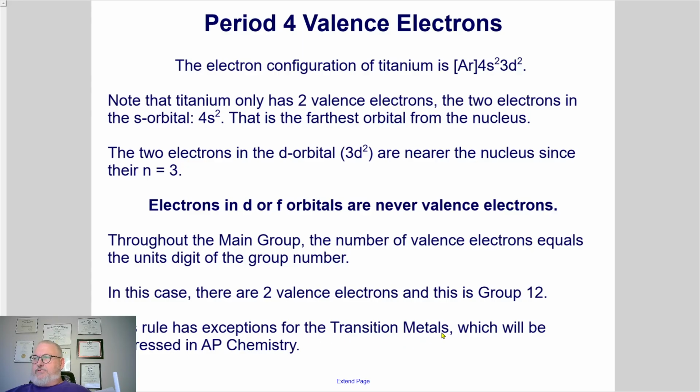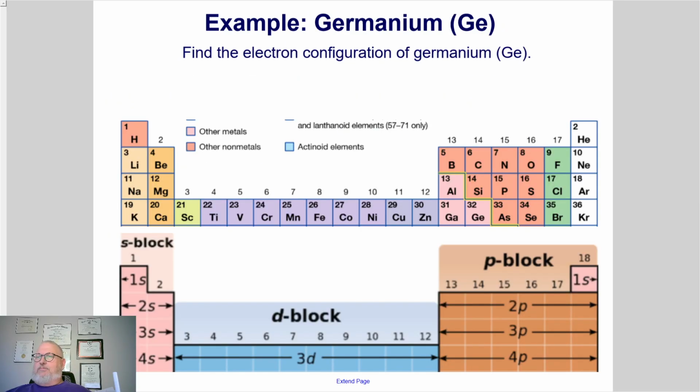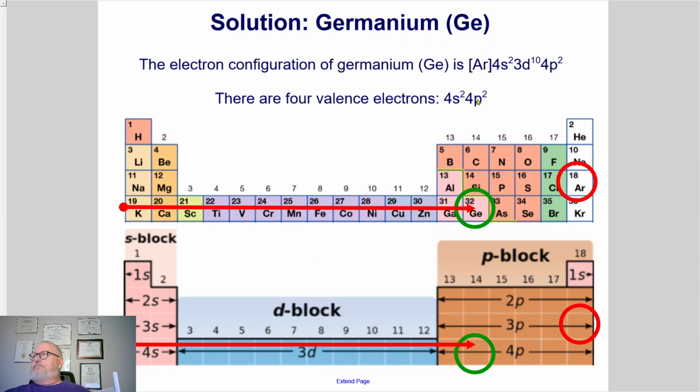Now there are some exceptions, and you might talk about them later. Let's look at germanium: argon, 4s2, 3d10, 4p2. Let's see if I'm right. I am. So the configuration is argon, 4s2, 3d10, 4p2.